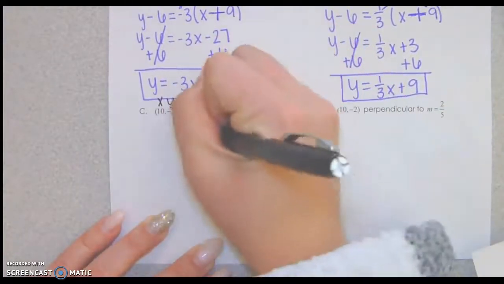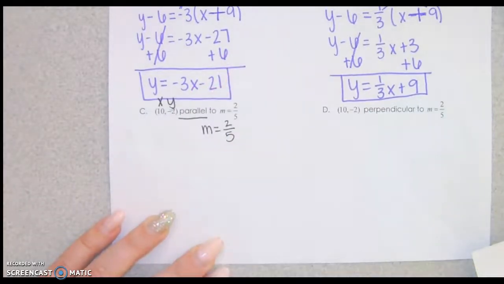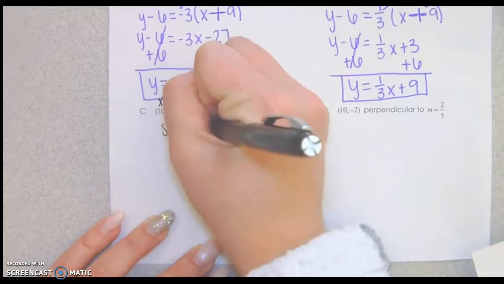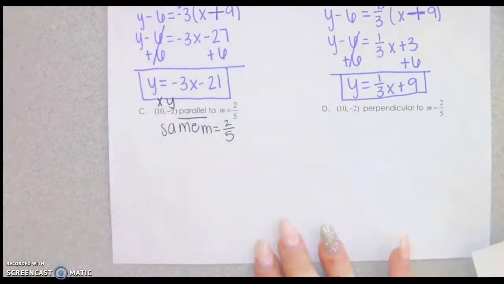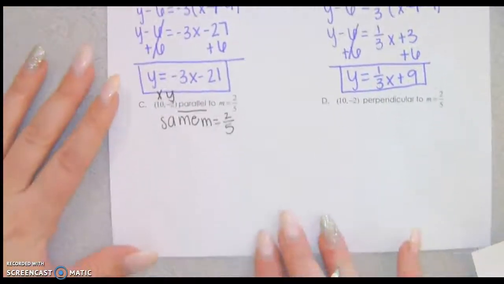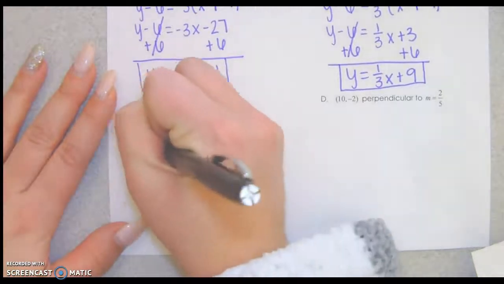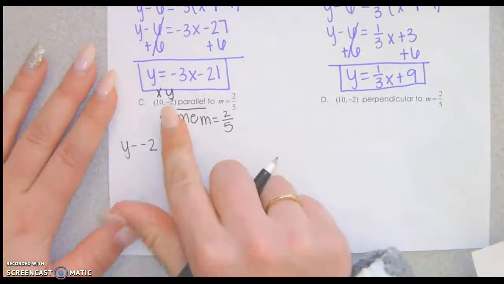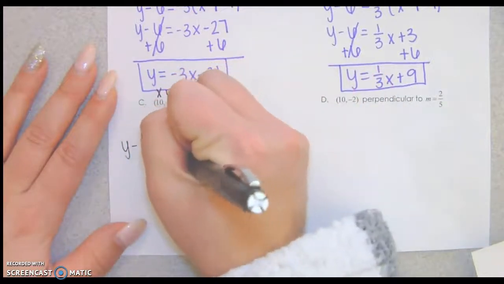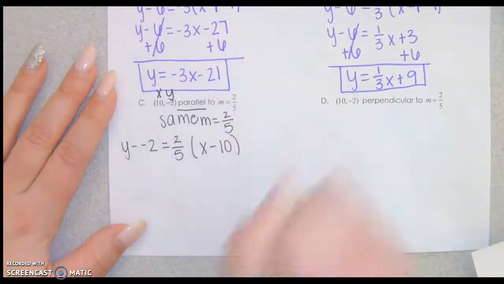So my m is going to stay 2/5. It needs to stay the same. So again, using our point slope formula, we have y minus -2 is our y1 equals our m is 2/5 times x minus our x1 is 10.